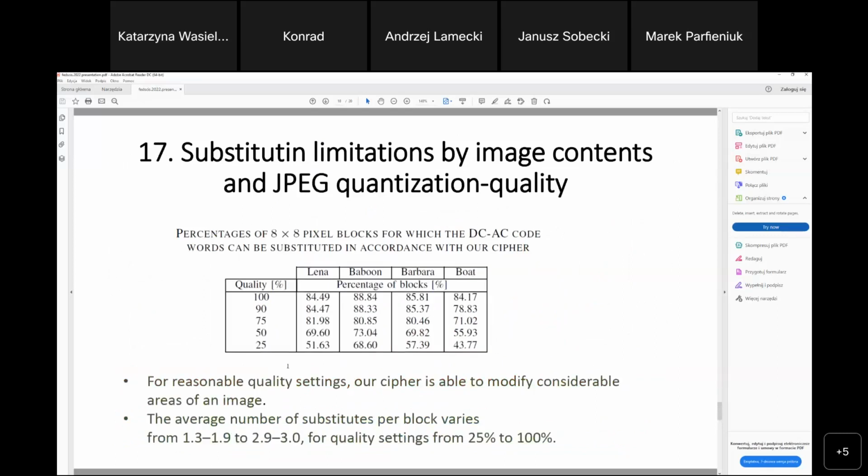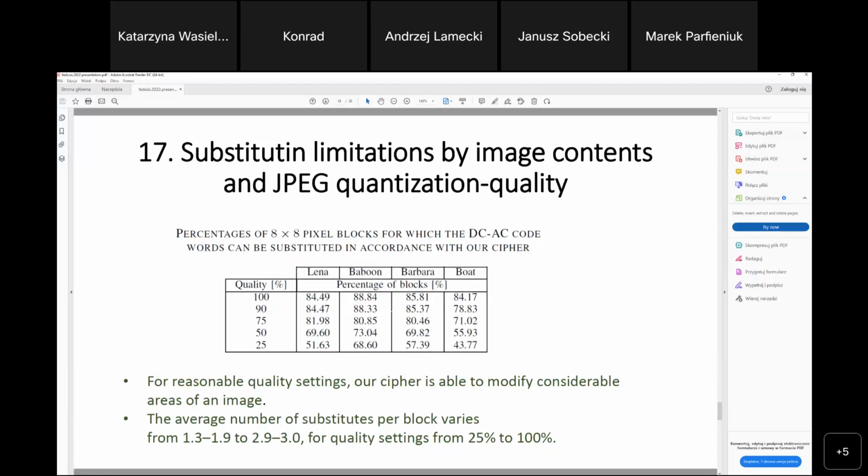Fortunately, the situation is not very bad. For reasonable quality settings, even for only 25%, our cipher is able to modify considerable areas of an image.